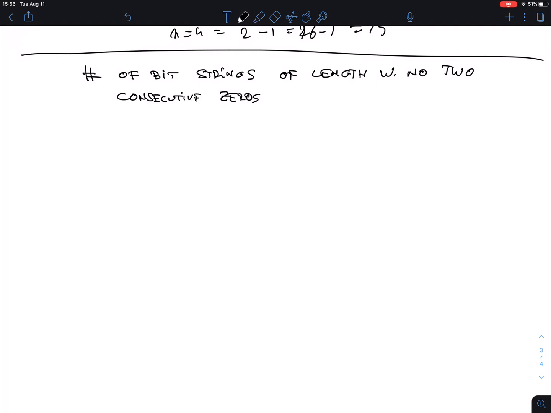by looking at, and this is very often the case, what we're trying to do is build such a string of length n from previous strings that we have built.